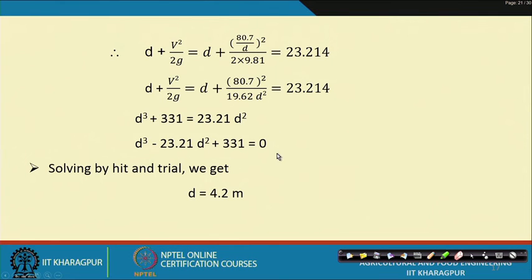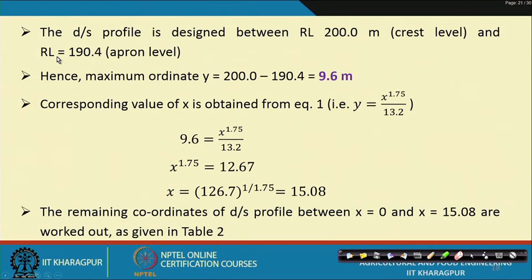It is a quadratic equation, and we can calculate by trial and error method, or we can use a numerical method or computer programming to solve this kind of equation, and we get the d value as 4.2 meter. Now, the downstream profile is designed between the relative level 200 meter and the relative apron level 190.4 meter.